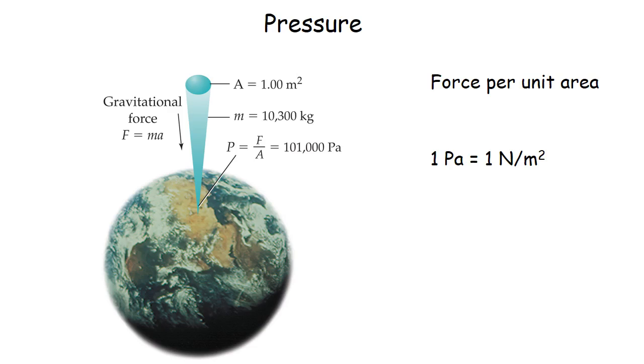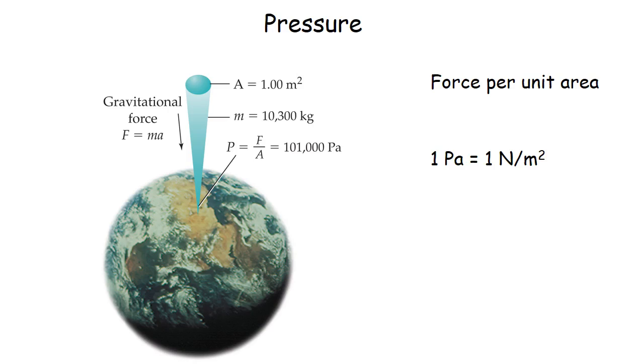Now, the SI unit of pressure is a Pascal. And this picture is meant to represent the Earth. It's trying to show you that atmospheric pressure is the result of a large column of air.